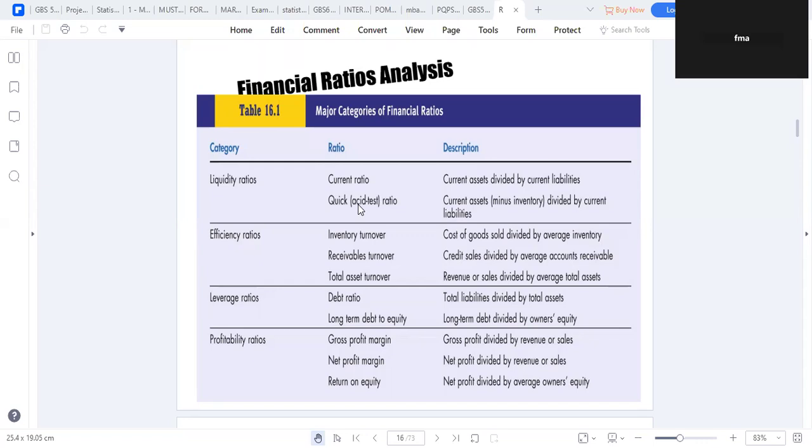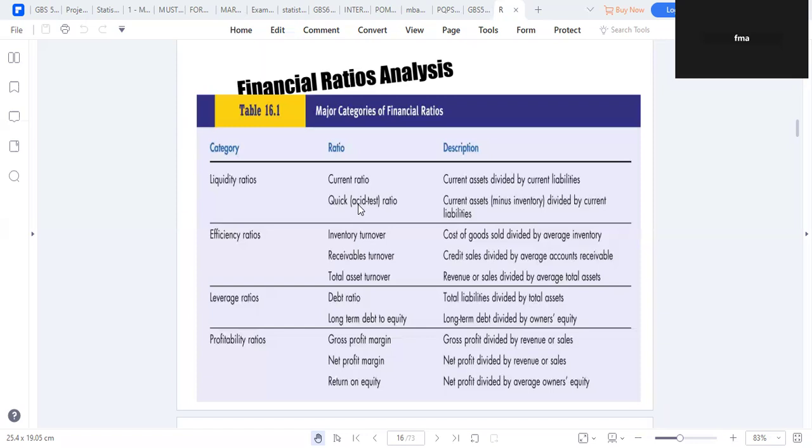So I'm trying to take you through all this so that you are able to appreciate the interpretation because you need to understand this for you to interpret. All right, so these are our ratios that we're looking at.